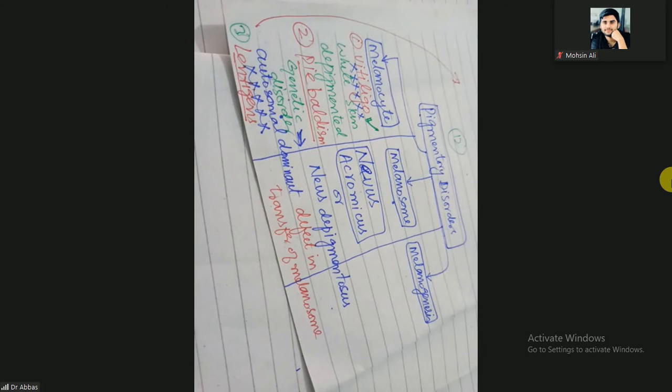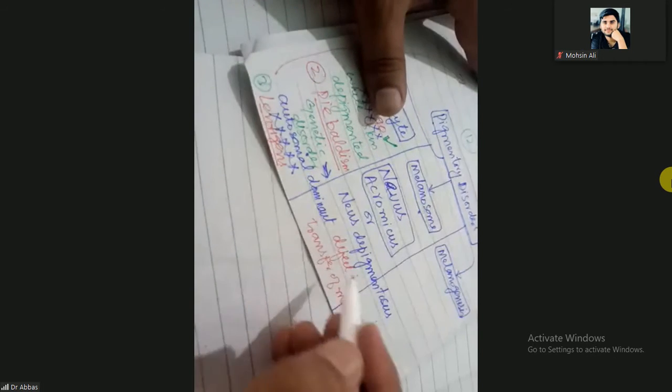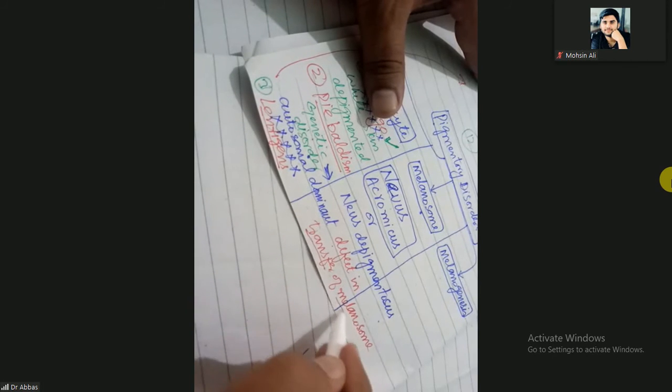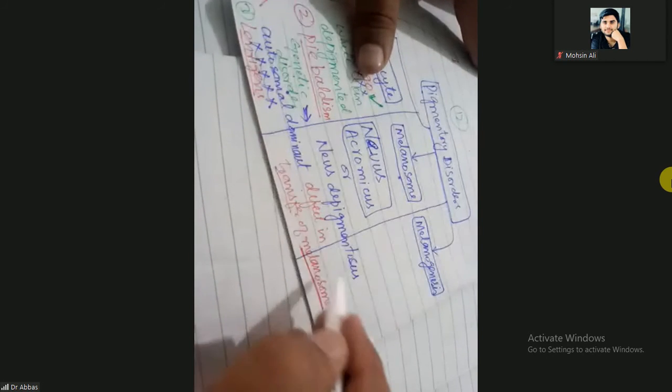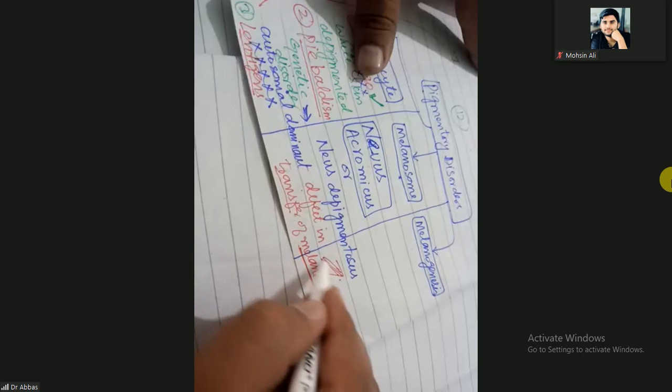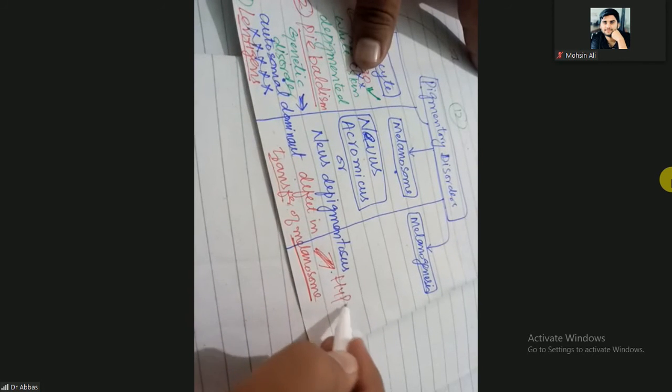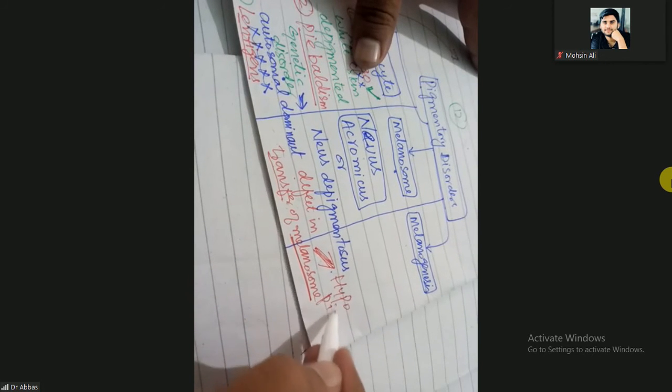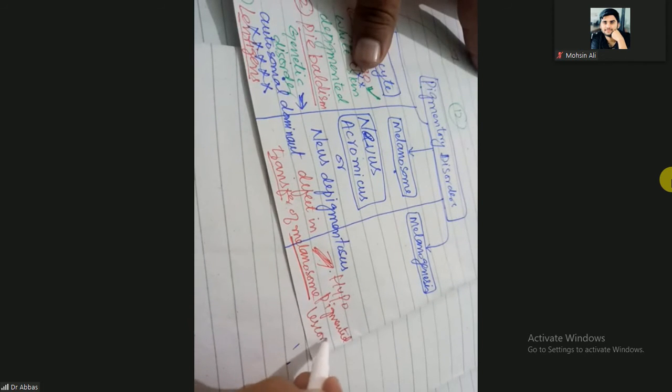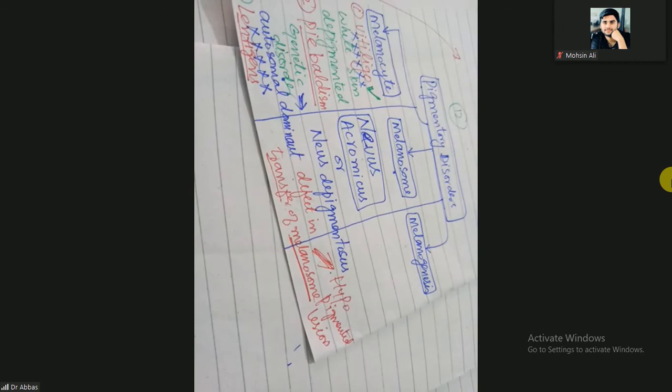So when the melanosome does not transfer to the nearby keratinocytes, the lesion will be hypopigmented. Hypo means less, pigment means color. Hypopigmented lesion.